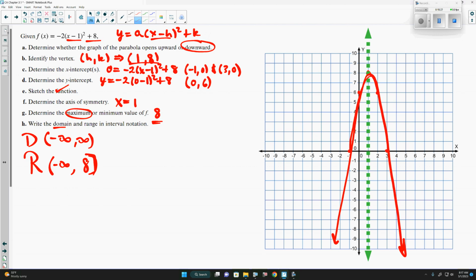Hopefully, you notice that most of the information on this came straight from the graphing calculator.